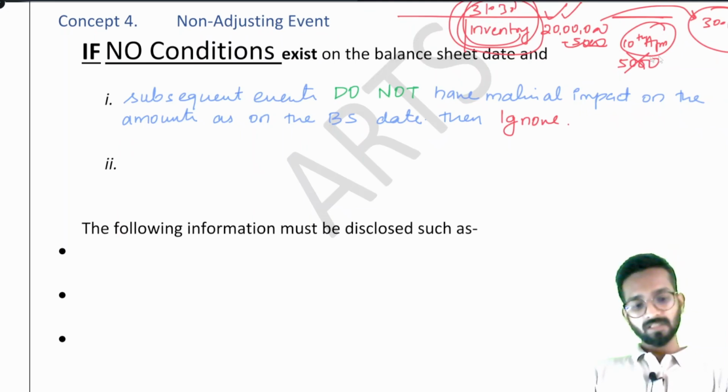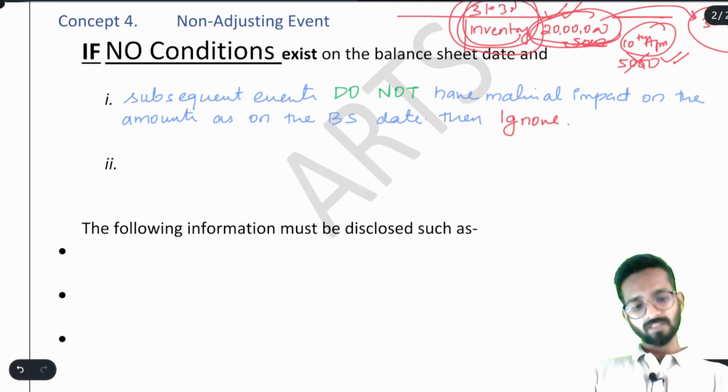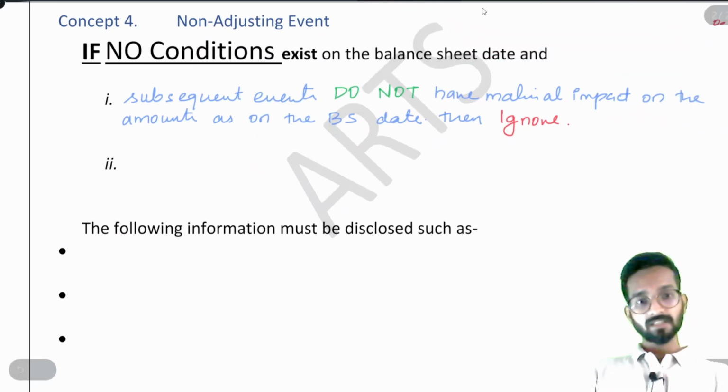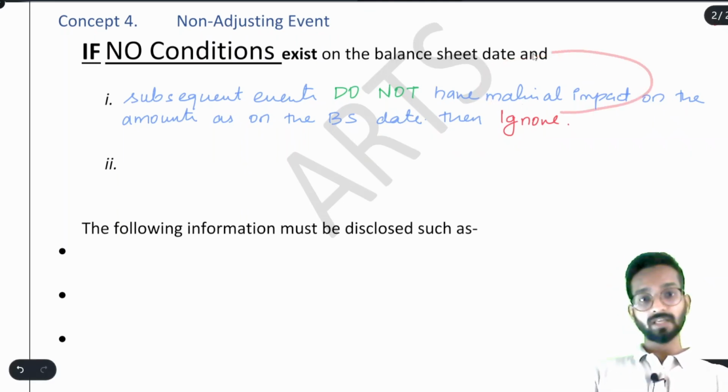In the next year you will obviously write 5,000 rupees loss. But that is so immaterial that we are not supposed to change this 20 lakh rupees amount here. Understood? That is non-adjusting event. This event will not have any material impact, so you can just ignore it. Because the impact is immaterial and we want material impact.